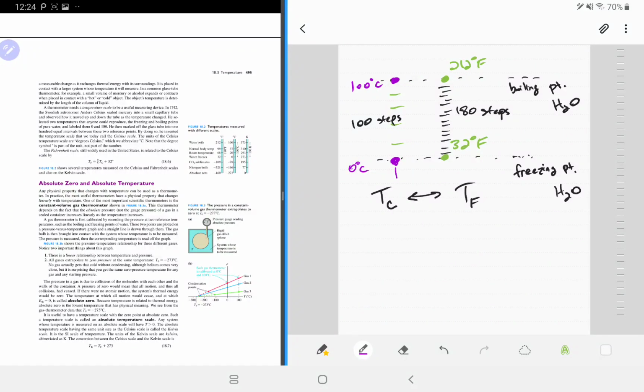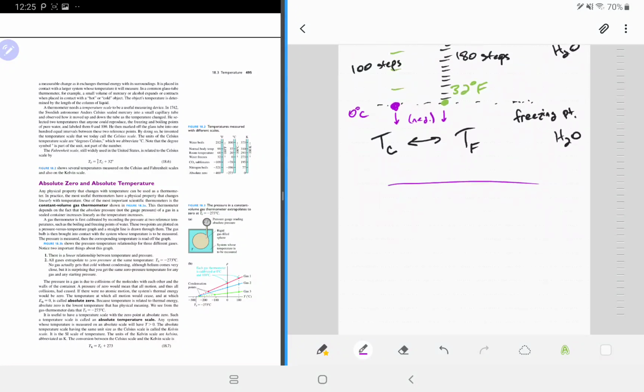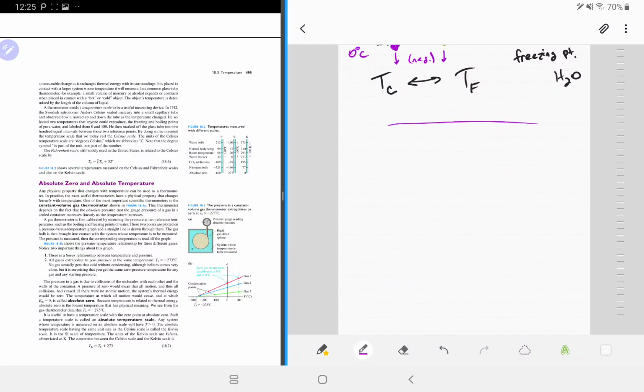The Celsius scale can certainly get negative, and the Fahrenheit scale can certainly get negative. But we'd like to define another temperature scale where the lowest possible temperature is 0, so that all temperatures will be positive. An absolute temperature scale is one that starts at 0 for the coldest possible temperature, and all other temperatures are positive.